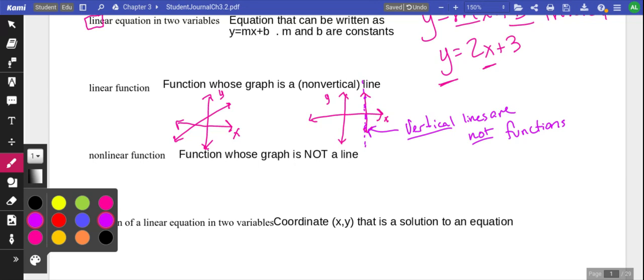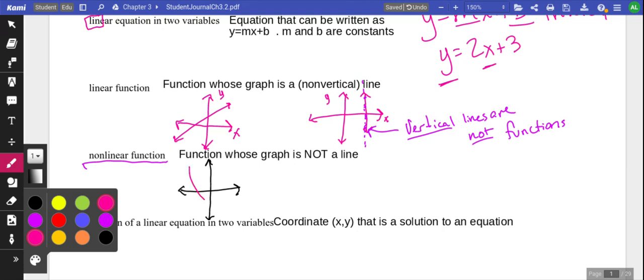And then a nonlinear function is a function whose graph is not a line at all. So that's what you're trying to tell. Yesterday you were trying to tell, is this a function or not a function? Now we're generally going to give you functions, and you're going to have to decide, is it linear or nonlinear?